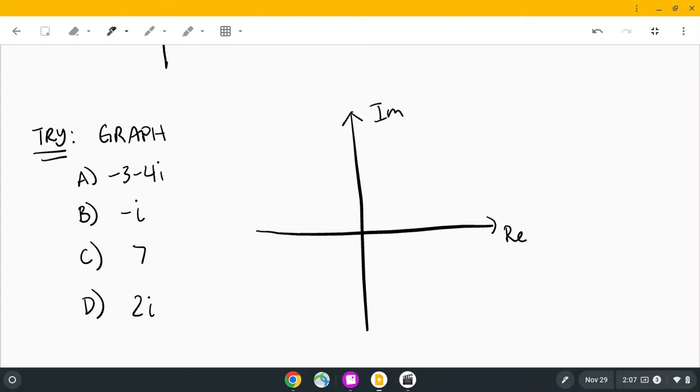Okay, so negative 3 minus 4i. That's going negative 3, 1, 2, 3, and then negative 4, 2, 3, 4. So right here, this is point A, or complex number A. All right, and then negative i, that would be here.